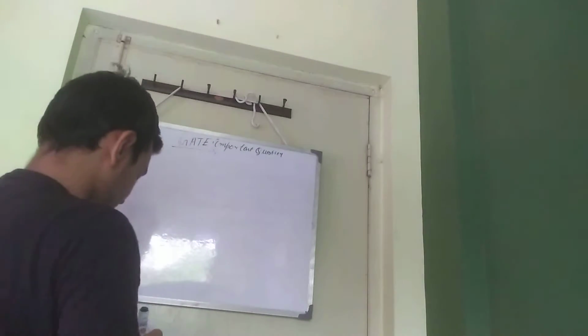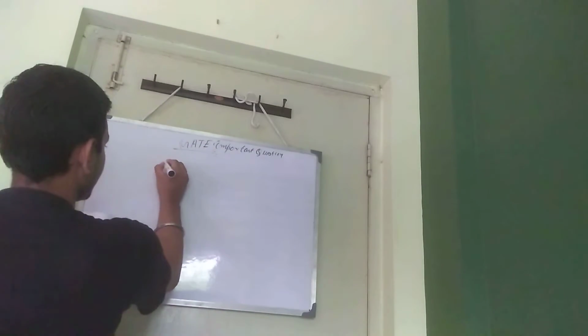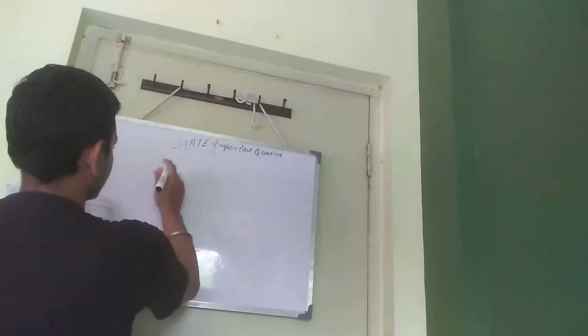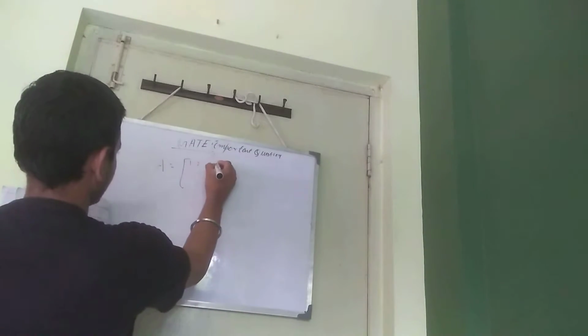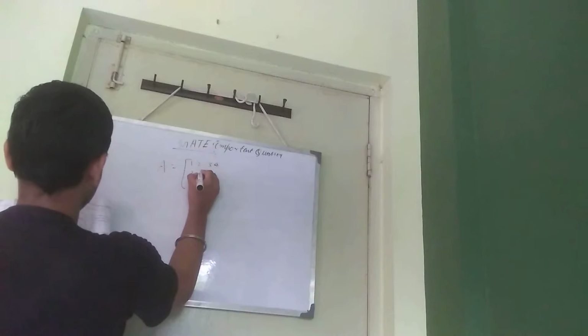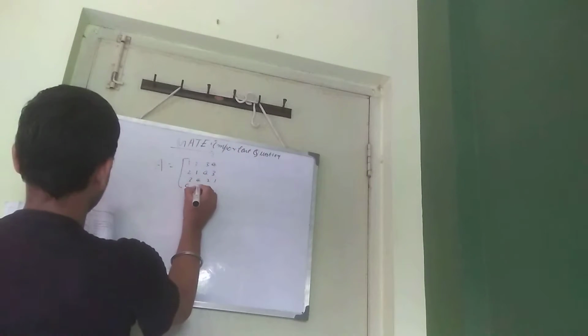In a previous GATE exam, one question asked that we have a given matrix. The matrix is 1 2 3 4, and then 2 1 4 3, 3 4 2 1, 4 3 1 2.